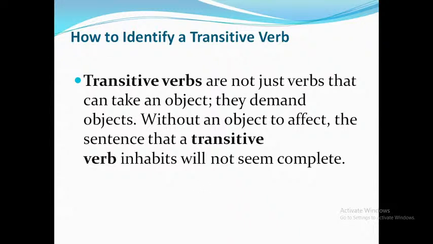A word which is used in order to avoid the repetition of the same word, meaning the same noun. Noun का repetition बंद करने के लिए pronoun is introduced. So just remember, if you do not have an object, this is intransitive. If you have an object, this is transitive.